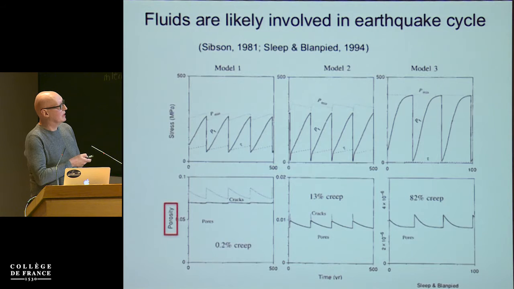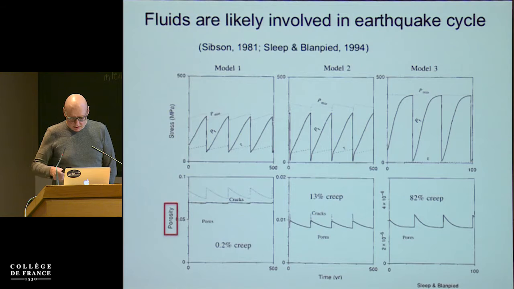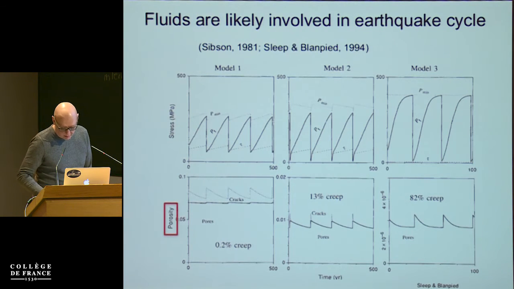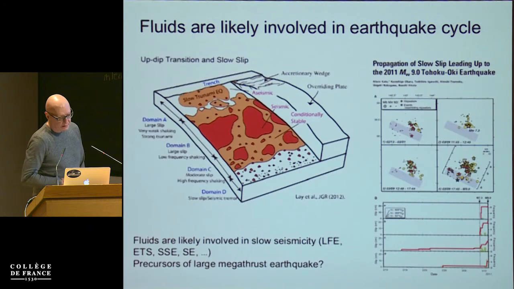Because you increase the porosity immediately after the earthquake, you decrease the fluid pressure, and then you can start re-increasing this fluid pressure by a mechanism that can be a sealing of the pores by pressure solution, for example, or any deformation mechanism that would close the pores. So porosity, again, is an important parameter in understanding the earthquake cycle.